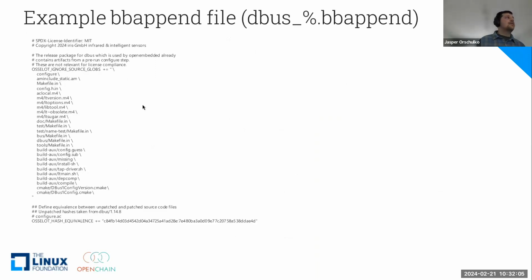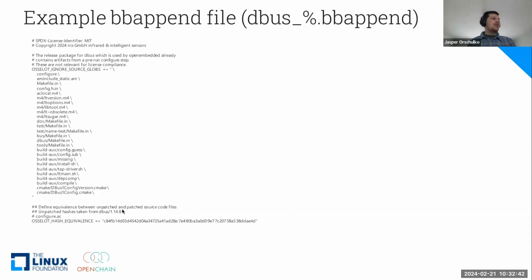All right, here we have an example BB append file. This is for the debug recipes of any version, and this is the case I just mentioned. We already have a pre-run configure script here. You can see the output of this configure script, and this isn't relevant for us from a license compliance perspective. So we can say on a global scope within meta-osselot, please ignore these files, we don't care about them.